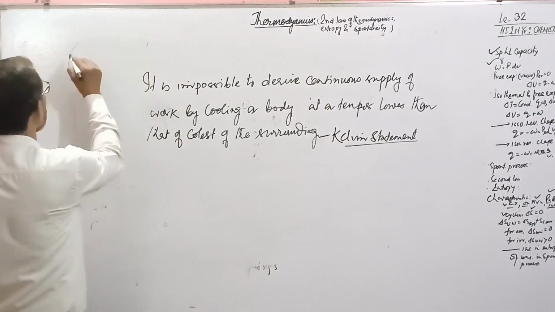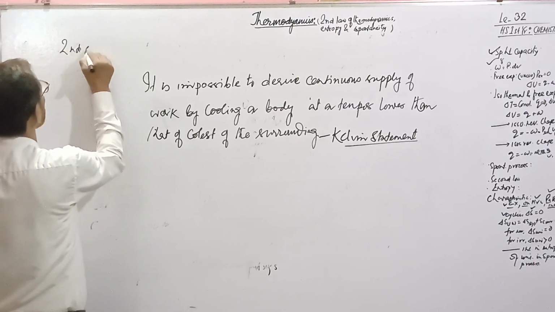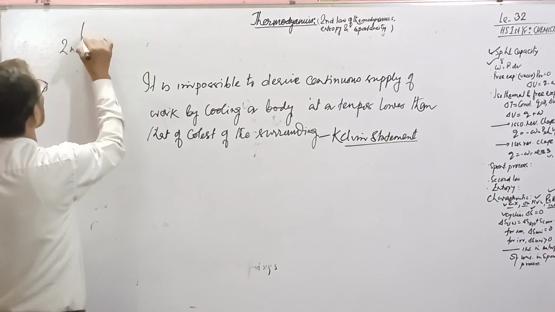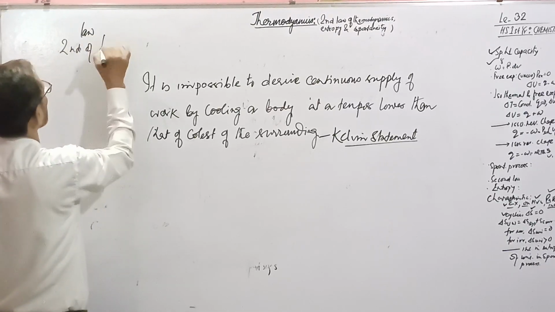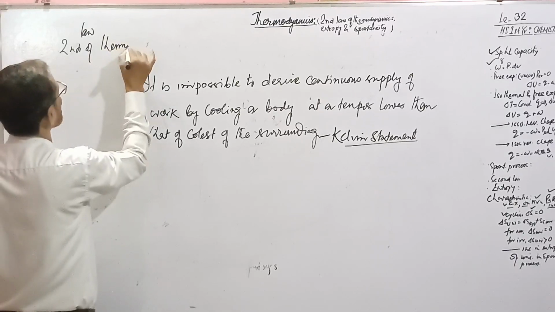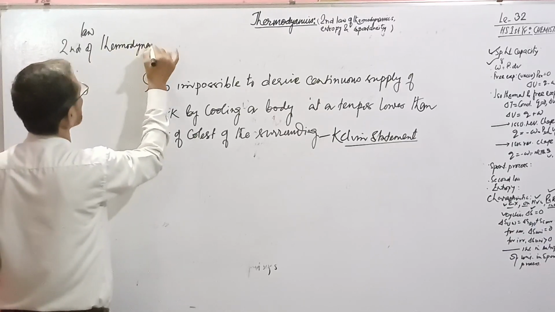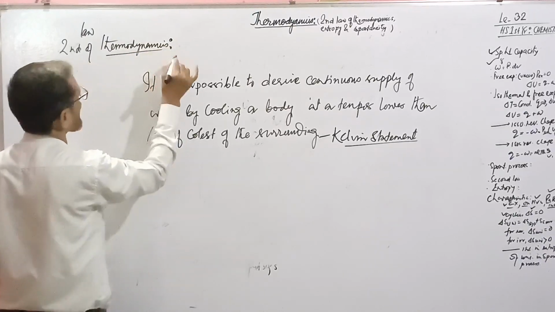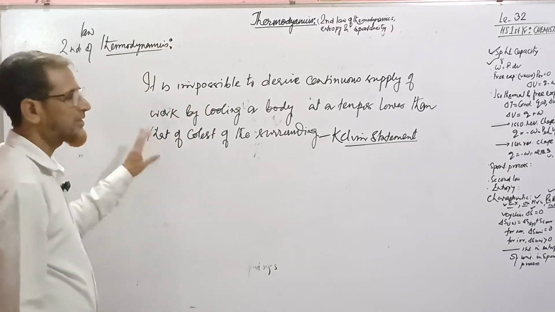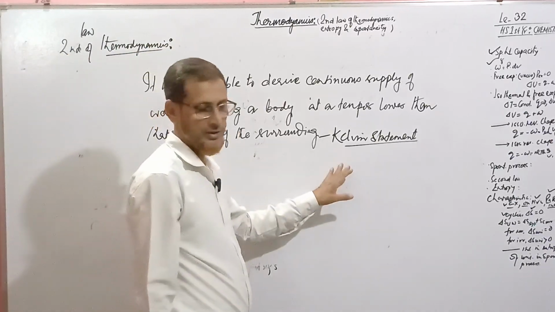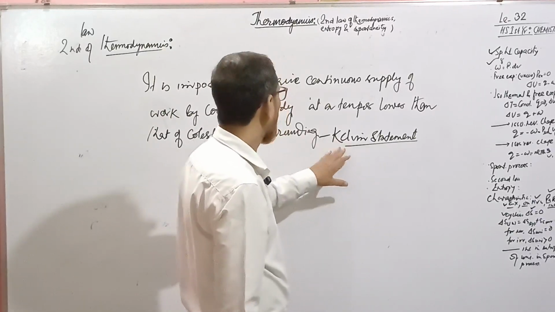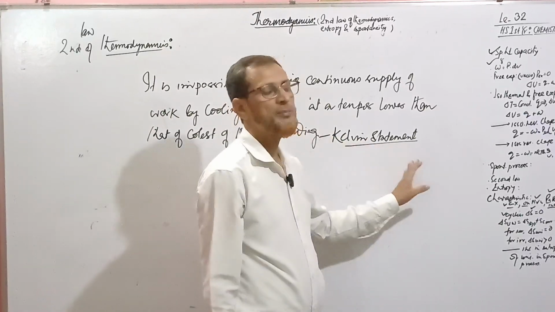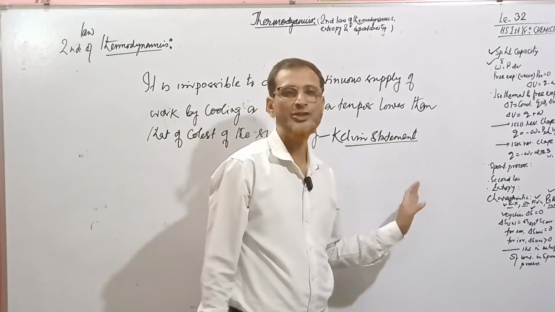Now it is the second law of thermodynamics. There are a lot of statements of the second law of thermodynamics, but here, for your convenience, I am writing what Kelvin has proposed.